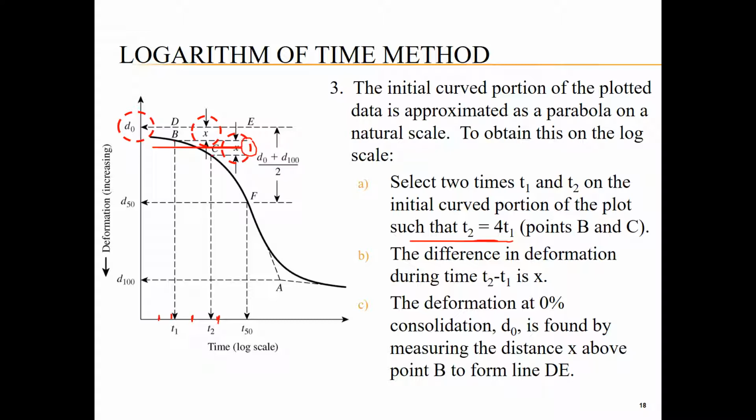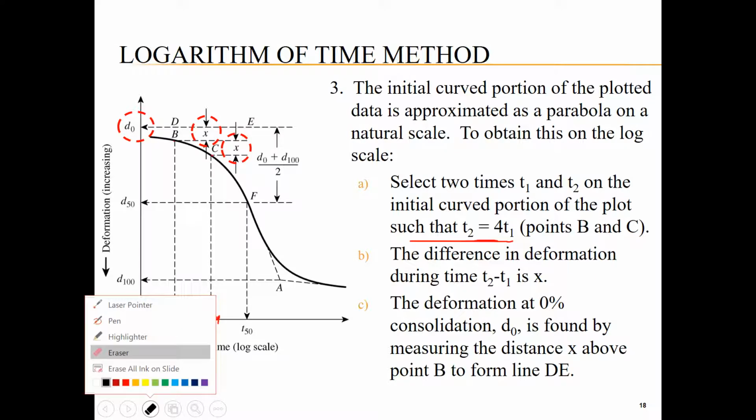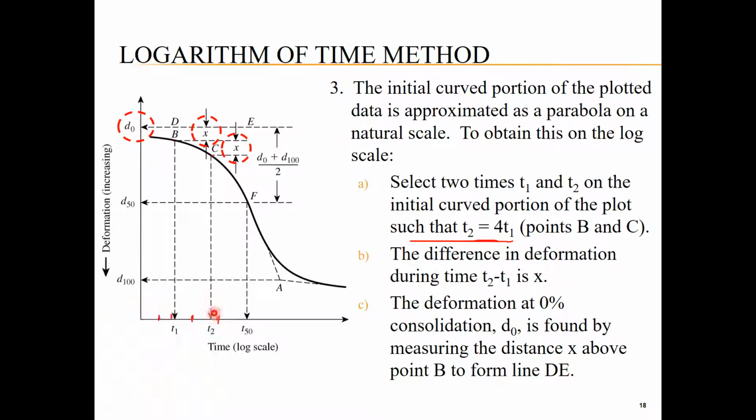Let's repeat this process again. You can select any two times on the axis, but you have to satisfy T2 equal to 4 times T1. You draw two lines, and you have intersections B and C. You draw two horizontal lines, which give you X, and you plot another X above the B line.